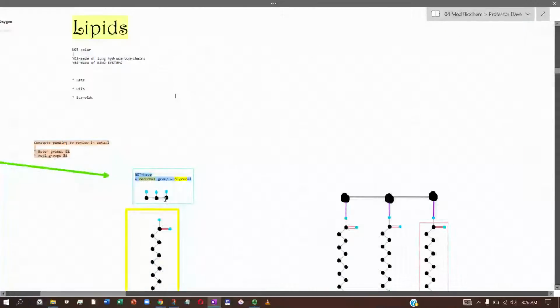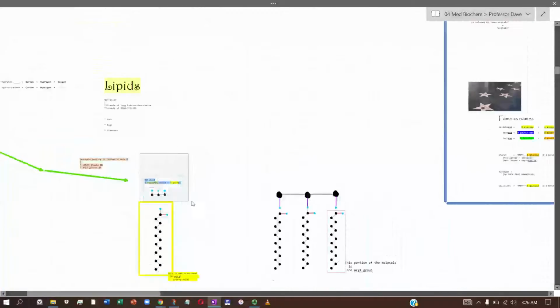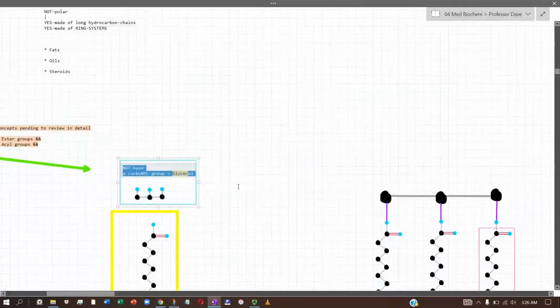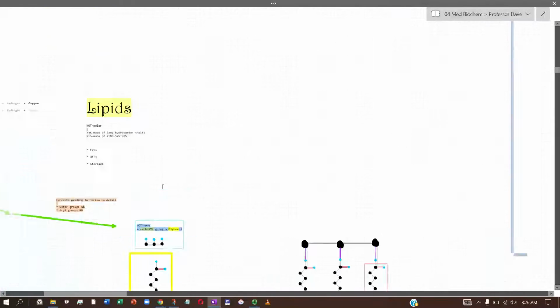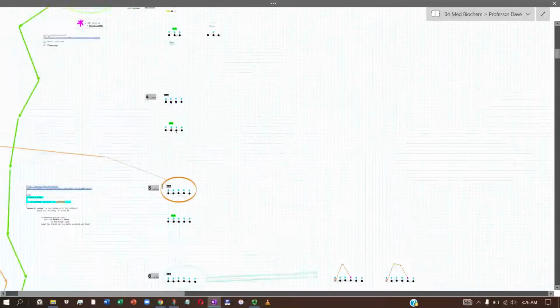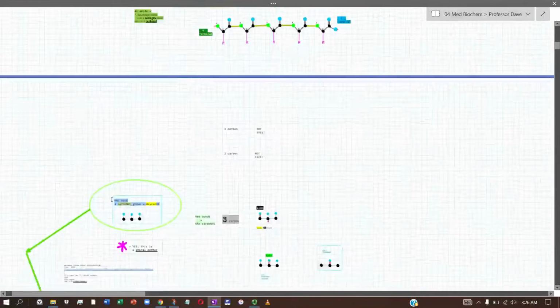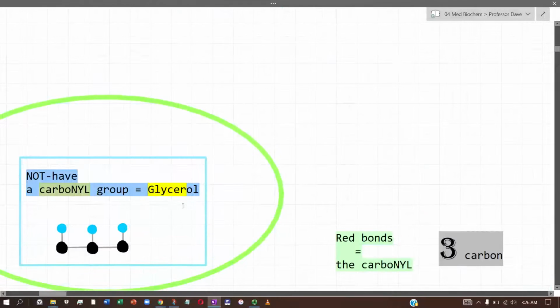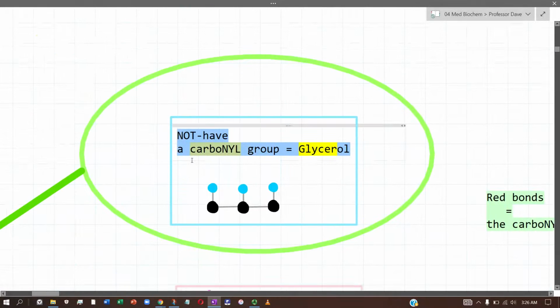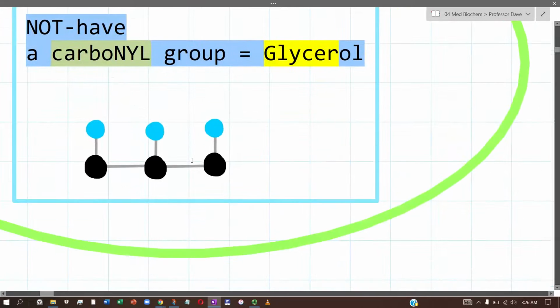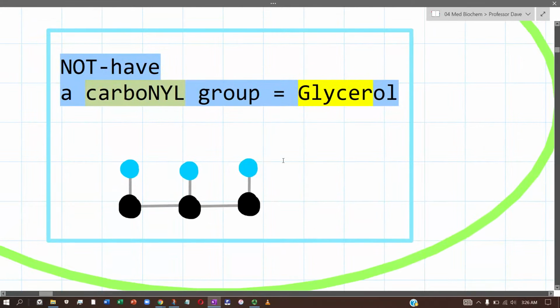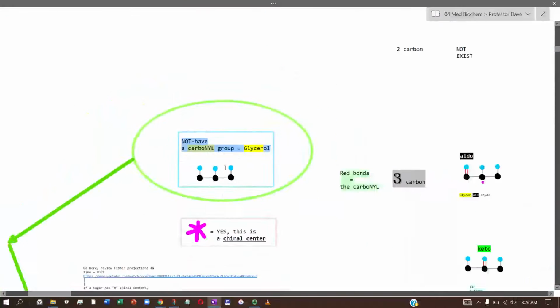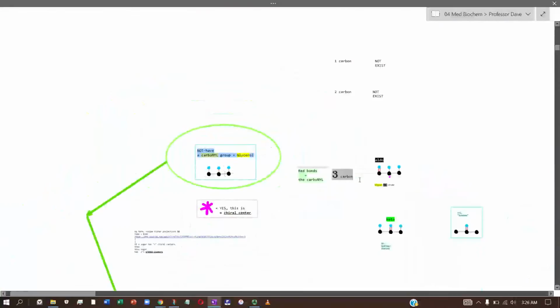So, all right, it's important to go back and examine this glycerol molecule. So where is this green arrow coming from? Earlier we were talking about the concept of this starter molecule. Where do we start? Well, we start with the glycerol, and we use that concept of the glycerol to start talking about sugars.